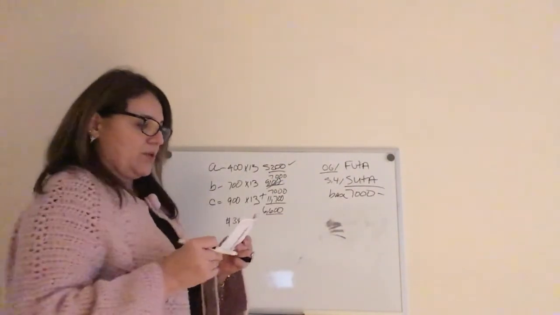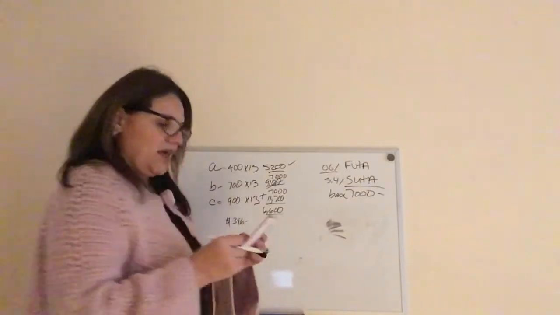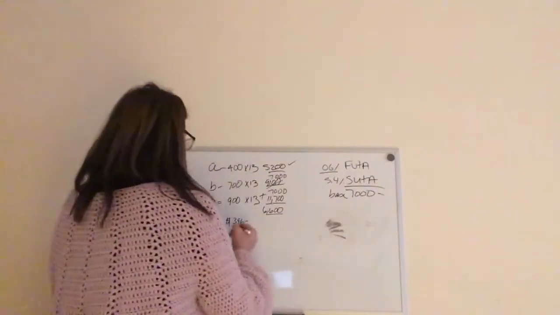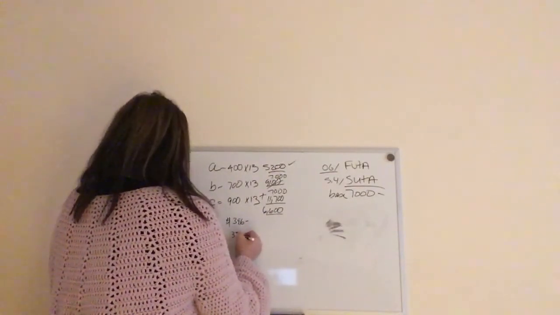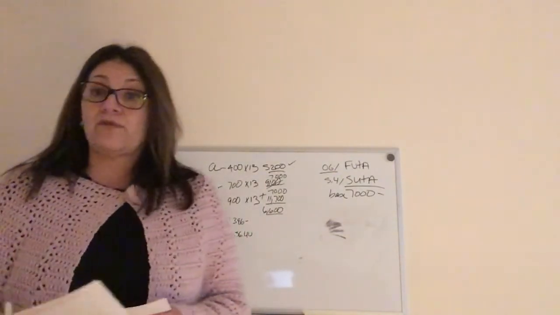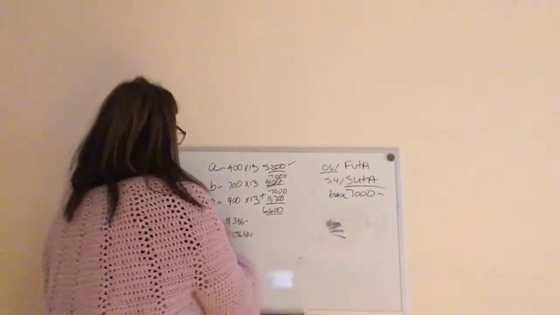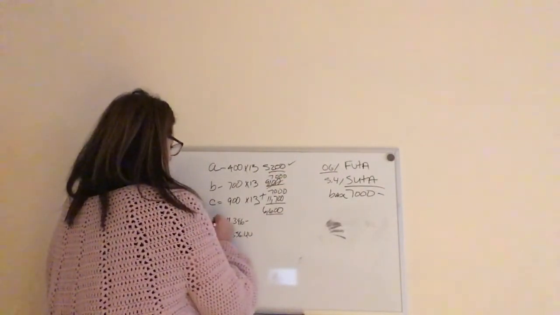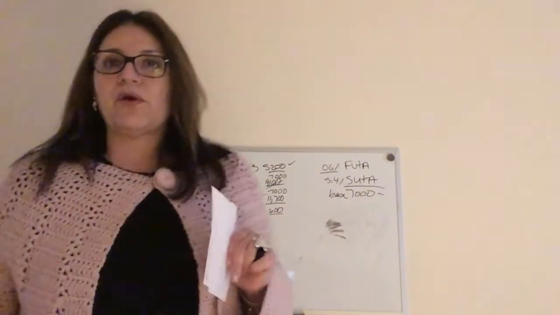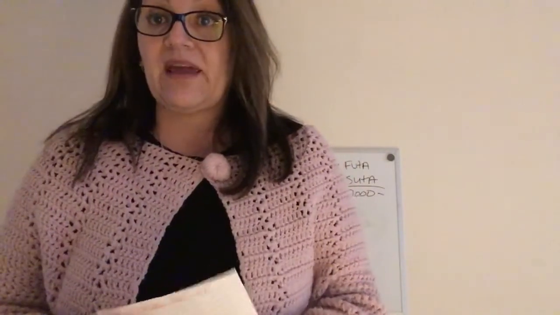And for the state, we're going to multiply 6,600 by 5.4%, which would give us $356.40. FUTA and SUTA. And this is what we're going to be sending out to the agencies every quarter. So let's take a look at the second quarter.